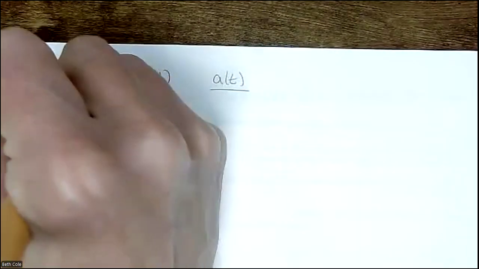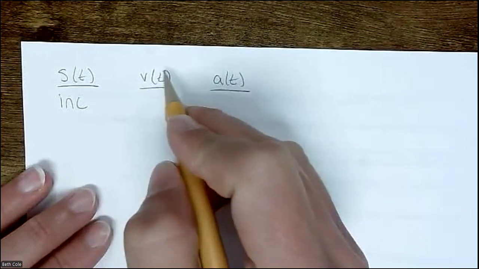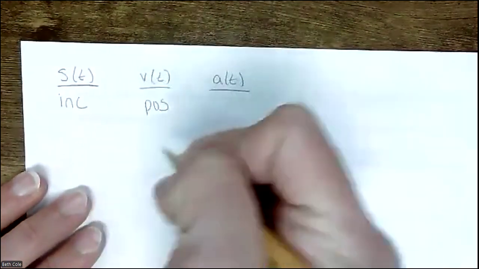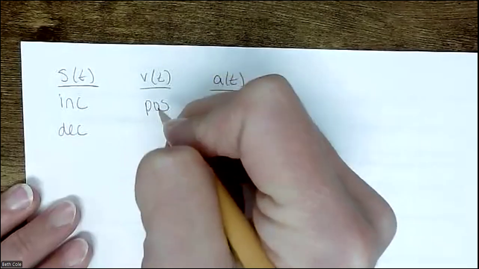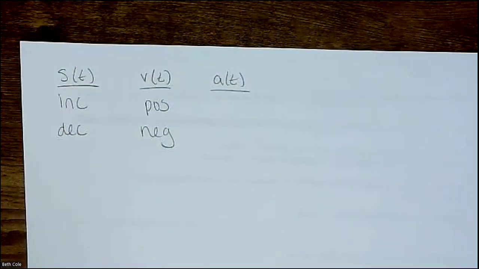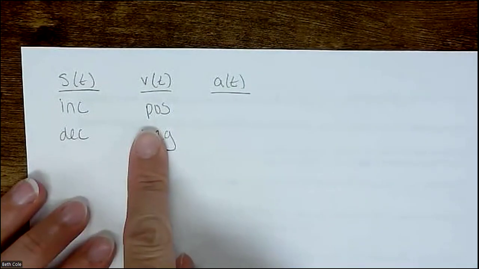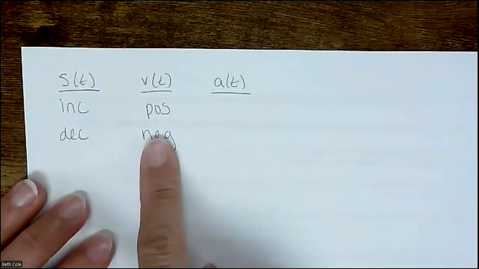Where your position is increasing, that means its derivative is what? Positive. Good. And where your position is decreasing, your derivative, your velocity, is negative. Now, if that information is true from here to here, when you take a derivative, then it's going to be true from here to here.